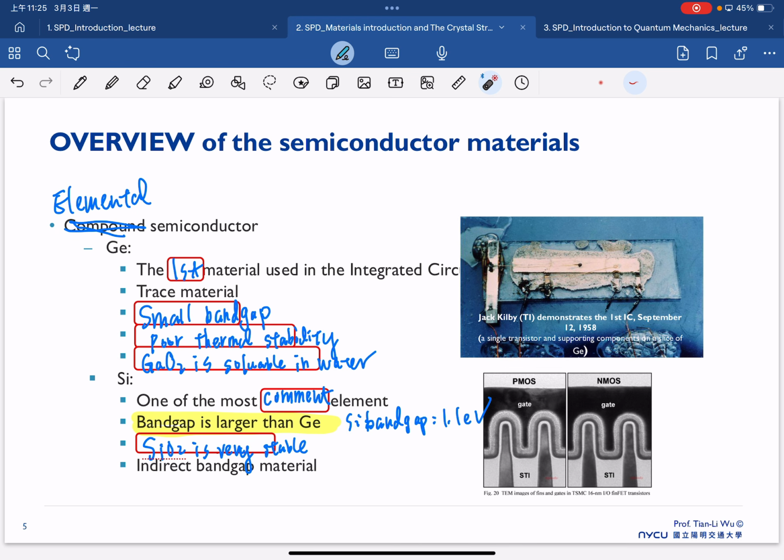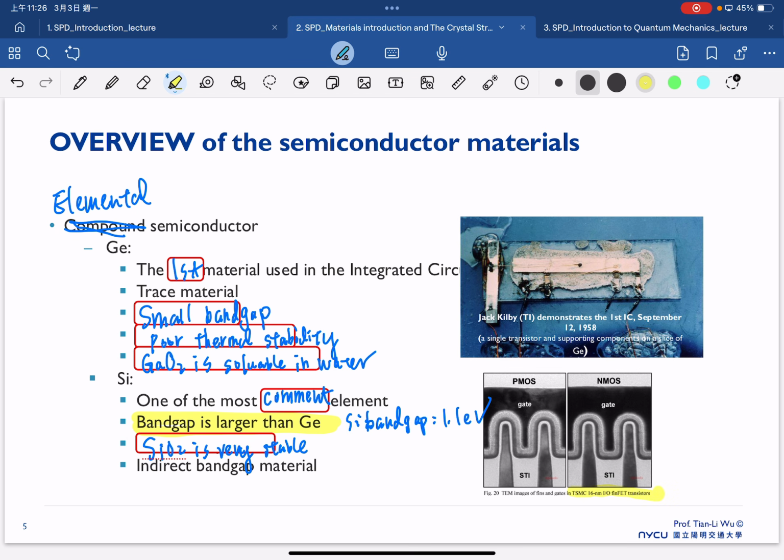Although there's this small drawback, the other three properties already make silicon the strongest semiconductor material that can be used in the past, nowadays, and also in the future. And this is a schematic of the TSMC 16 nanometer FinFET device.